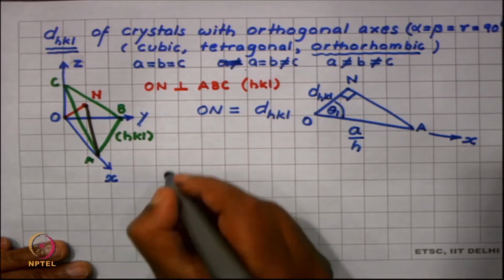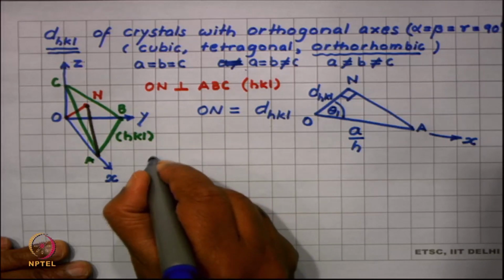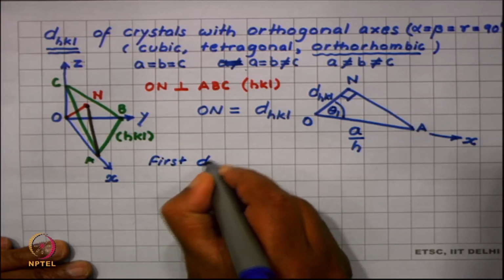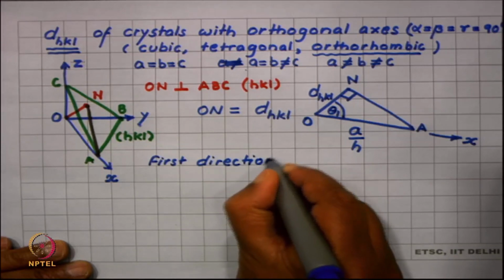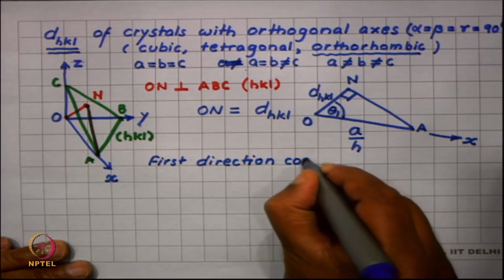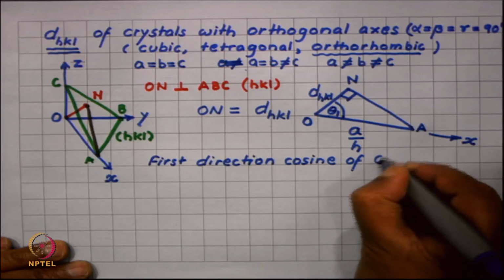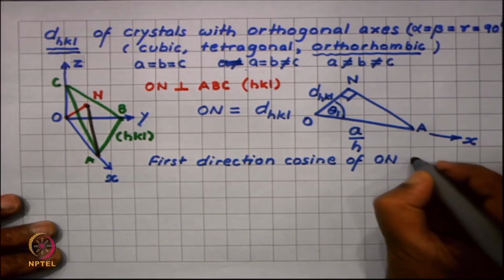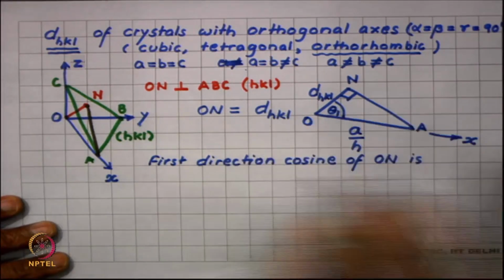So, the first direction cosine of ON is the cosine of the angle ON makes with the x axis.